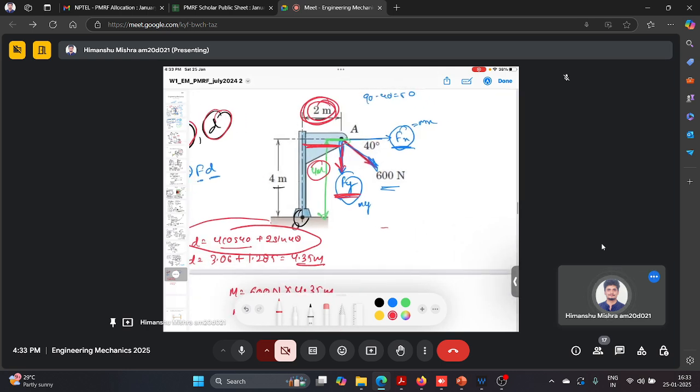So now first you need to calculate Fx and Fy. You have already been given the angle 40 from the horizontal axis. So you can calculate Fx, which is 600 cos 40.